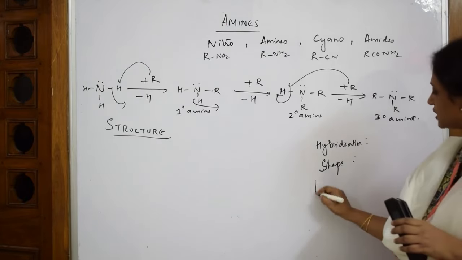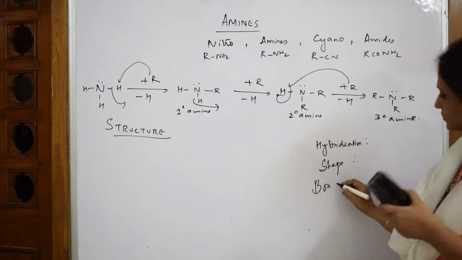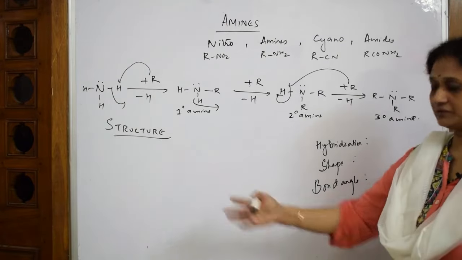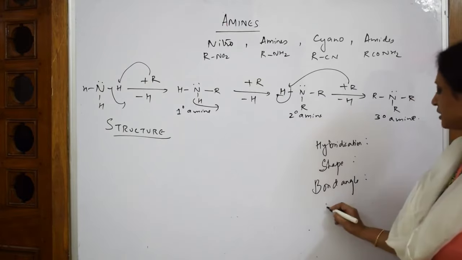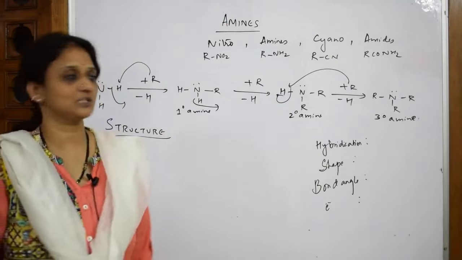After that, you explain the bond angle for that particular molecule. If you have any lone pair of electrons, explain about the electrons. So these 4 criteria will complete your explanation.